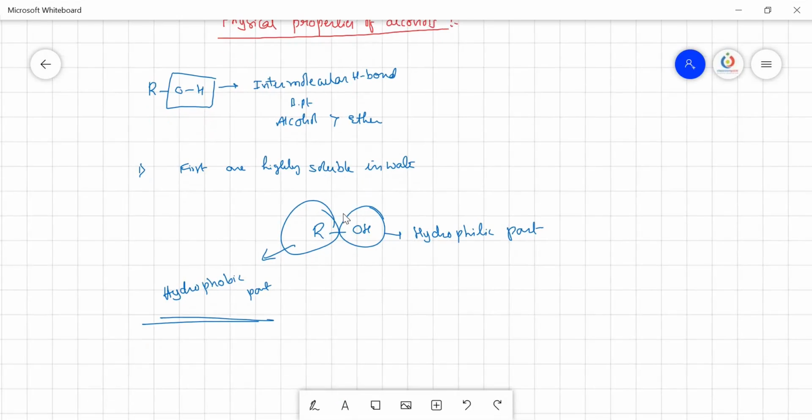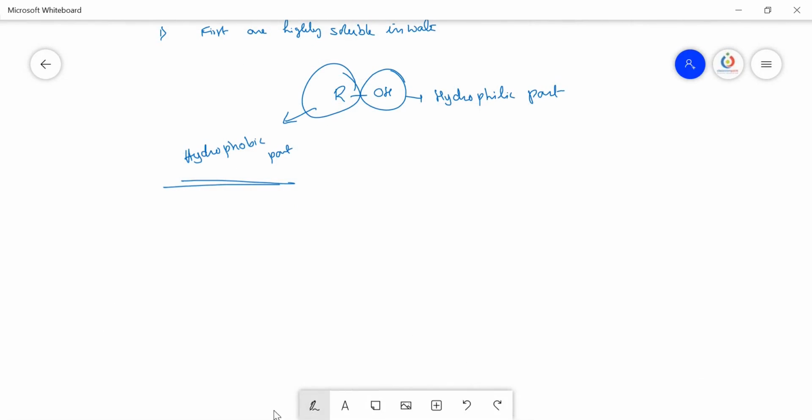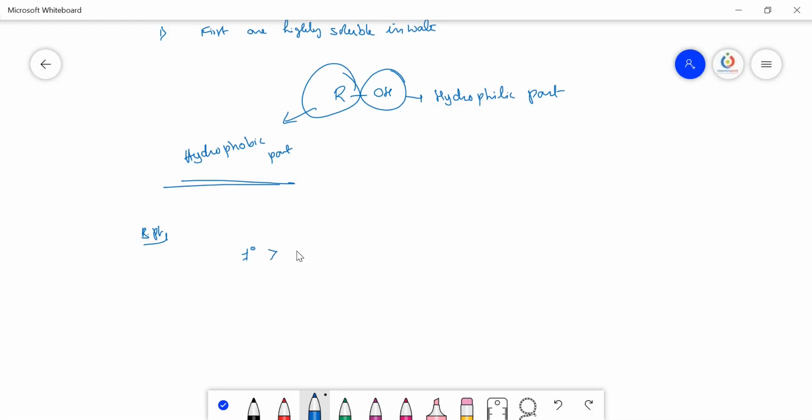Now let us see how the boiling point varies among the different alcohols. So among the isomeric alcohols, when the branches increase, boiling point decreases. So primary alcohols have the higher boiling point than secondary, tertiary, having the same molecular formula. So when the number of branches increases, their boiling point gradually decreases.